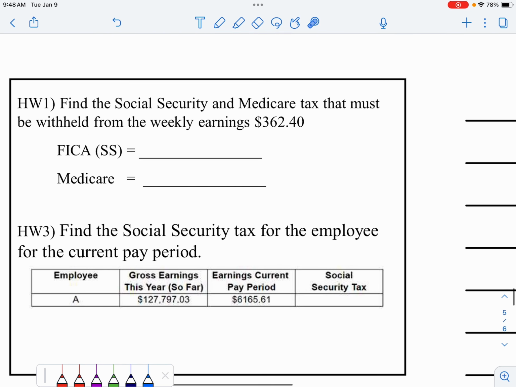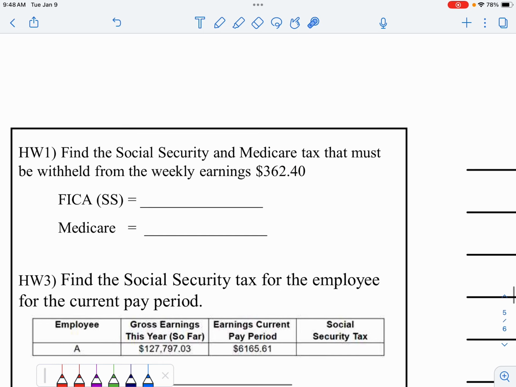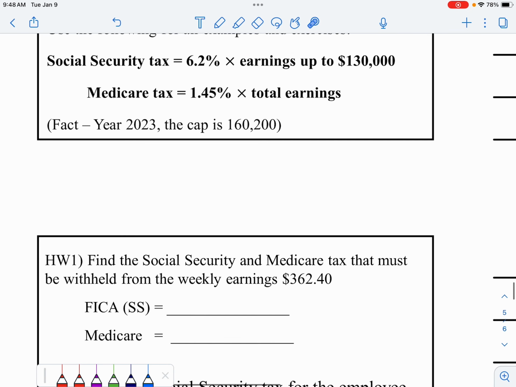Now let's do some exercises. Let's take a look at the first scenario. If the weekly earning is $362.40, what is the FICA? Obviously, if you multiply this weekly earning by 52, the annual earning will not be more than 130,000.